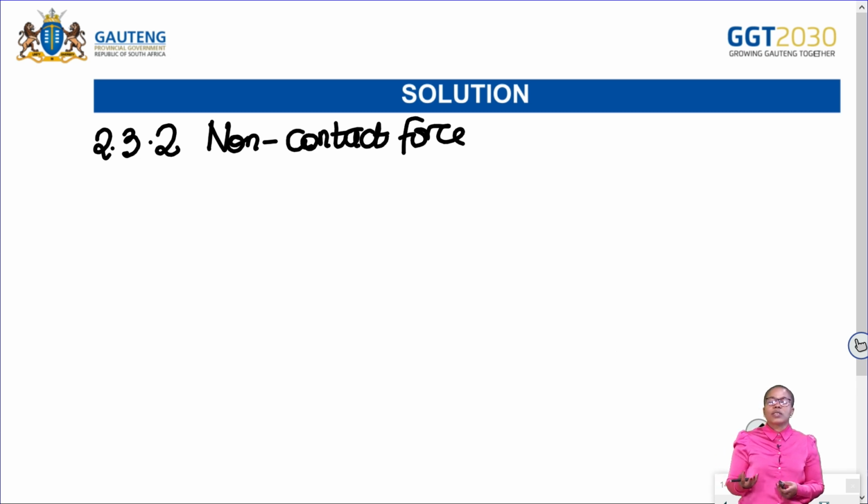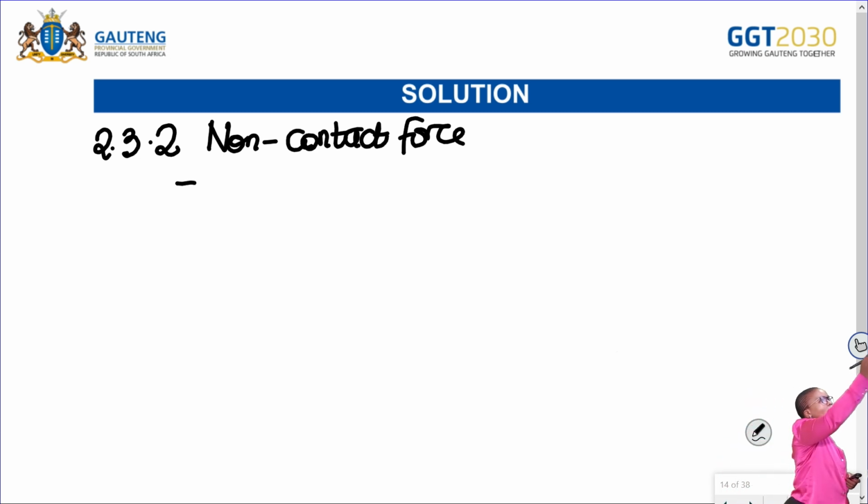Why? Because gravitational force is pulling it down with a constant acceleration of 9.8. Gravity didn't have to touch this object, but it's there because the object will be pulled downwards. So this will be your gravitational force.